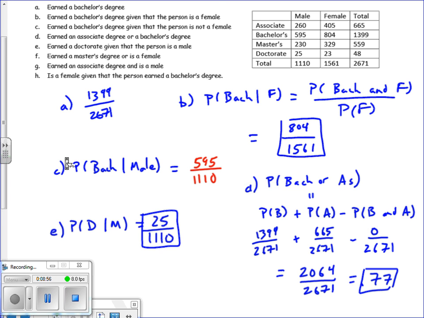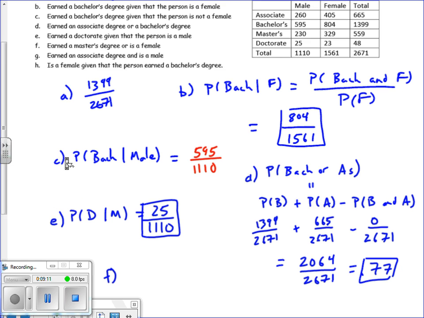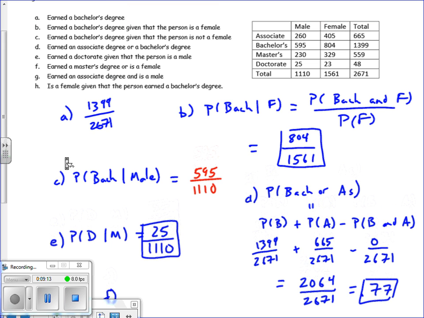F, earned a master's degree or is a female. Here we go all of a sudden where we could run ourselves into a situation where there is an overlap because female and masters do in fact overlap just a little bit.